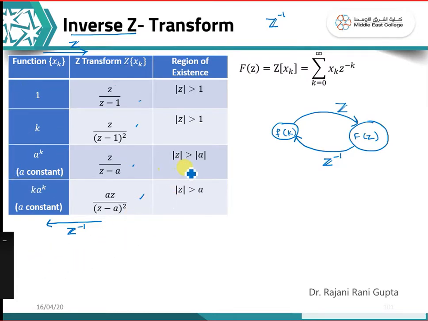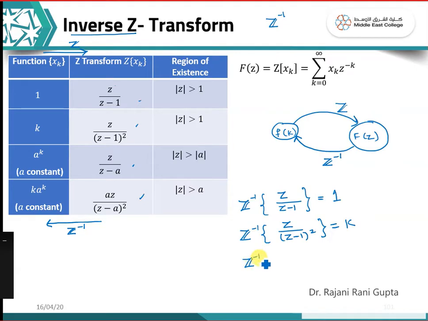Quickly, the first rule gives you the inverse Z transform of Z over Z minus 1, which will be 1. The inverse Z transform of Z over (Z minus 1) squared gives you k.